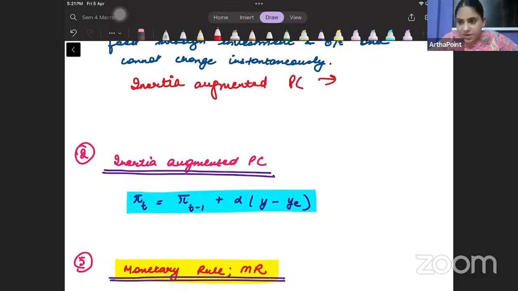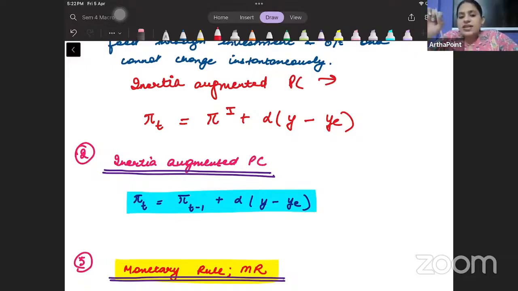The inertia augmented Phillips curve was saying that inflation this year will be inertia inflation plus alpha (y minus y e).